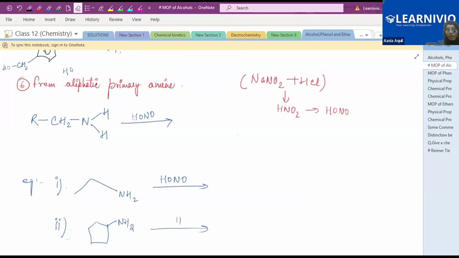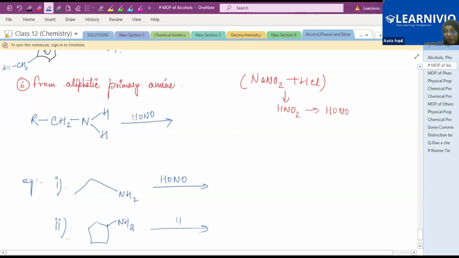From aliphatic primary amine, how can we prepare the alcohol? Suppose we have a primary amine, RCH2NH2, the general form of an aliphatic primary amine, and we treat it with HONO, that is HNO2.